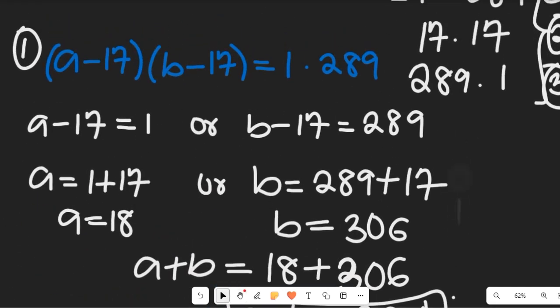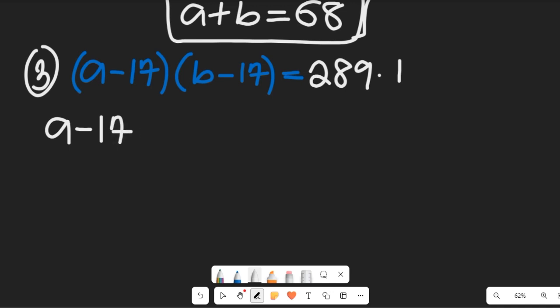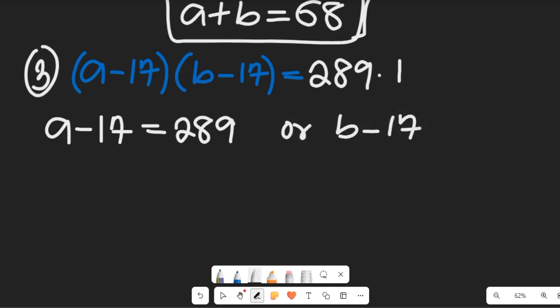So this one we're going to have 289 multiplying 1, and that expression will give us A minus 17 equal to 289, or B minus 17 equal to 1.